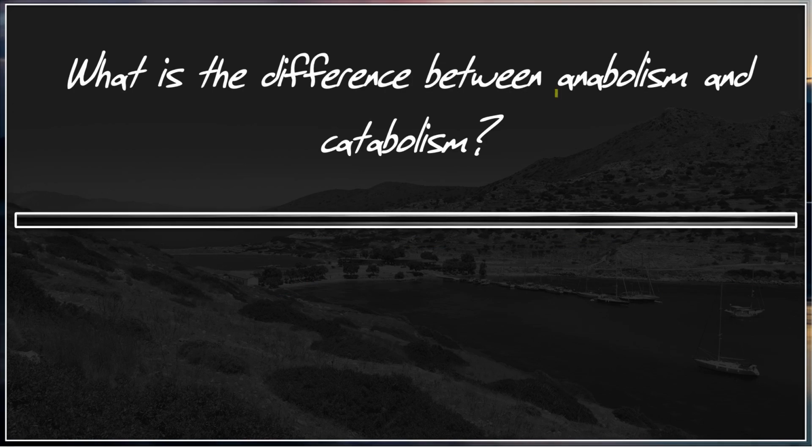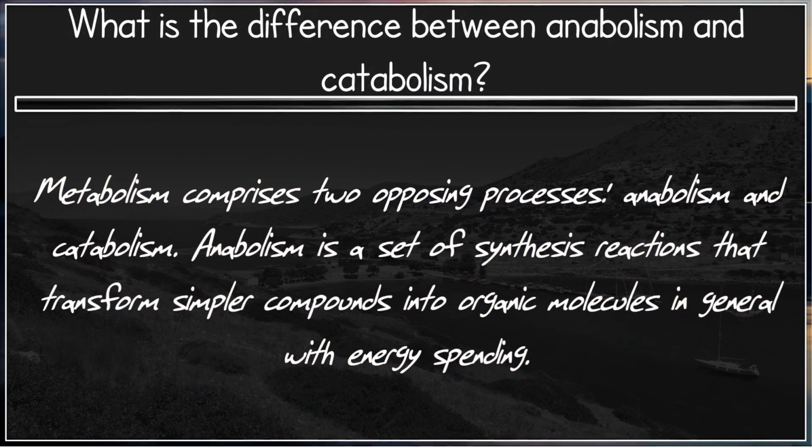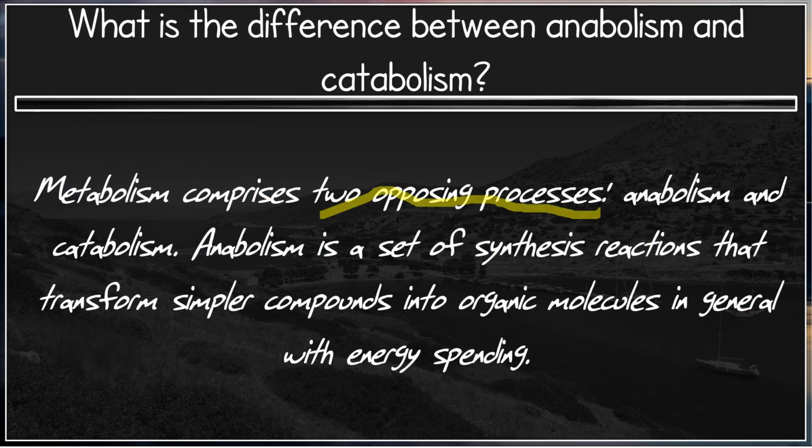What is the difference between anabolism and catabolism? Metabolism comprises two opposing processes, anabolism and catabolism. Anabolism is the synthesis reactions that transform simpler compounds into organic molecules, in general with energy spending.